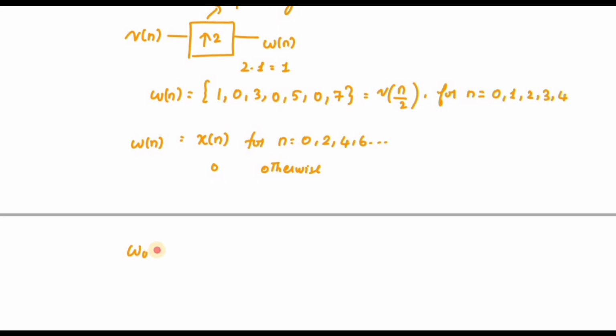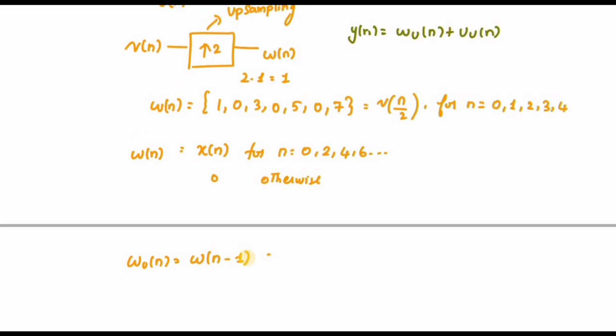It is w of n minus 1, which is nothing but this shifted by one: 0, 1, 0, 3, 0, 5, 0, 7. Since w of n is equal to x of n, I can write this one as x of n minus 1.